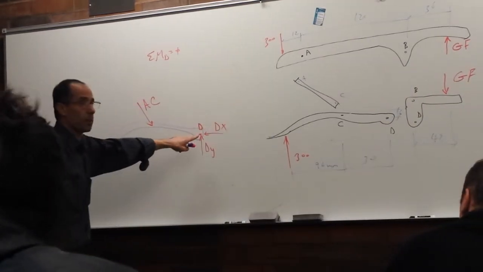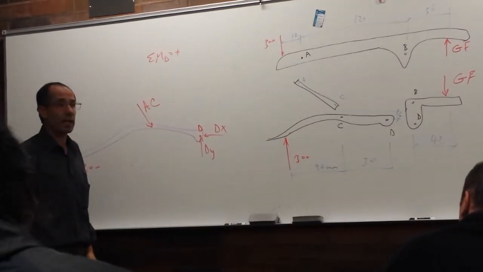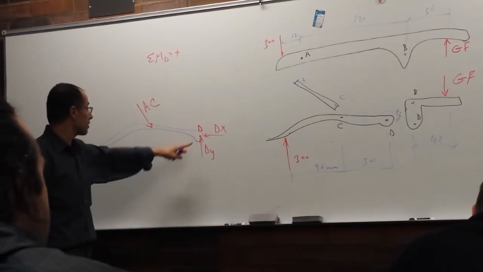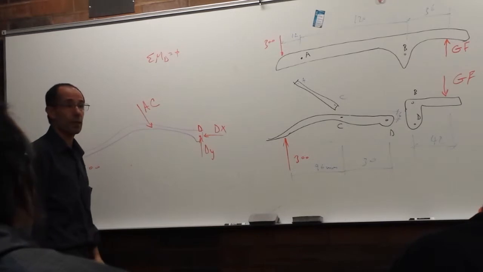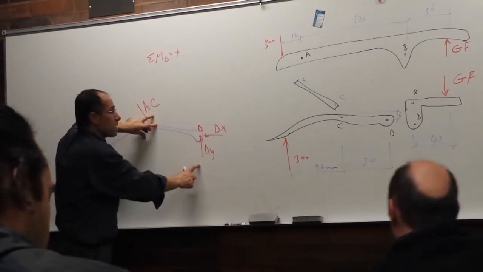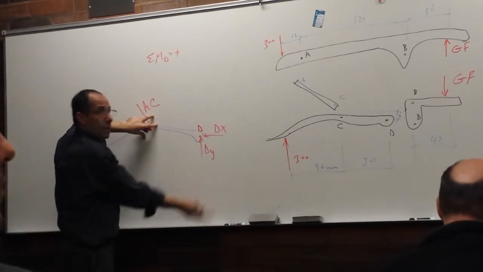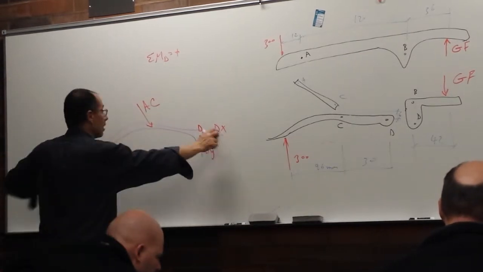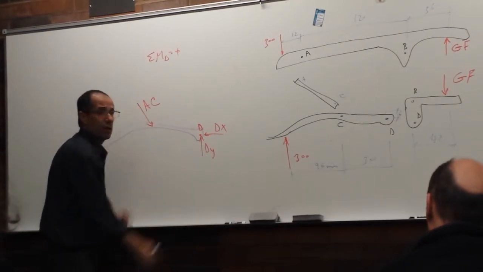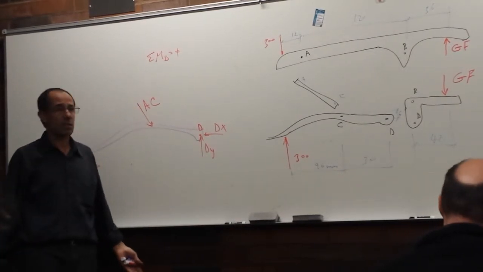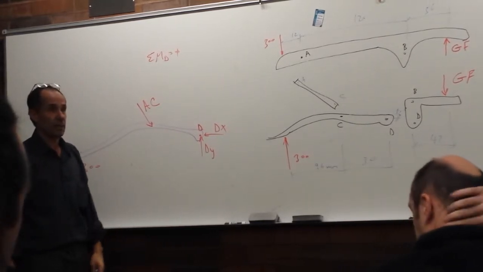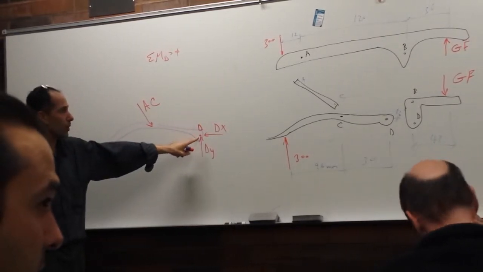If I calculate the moment at D, I get this guy directly. It's easier. Then sum of force in x, sum of force in y to get them. If I start sum of moment here, I have two equations, two unknowns. Then sum of the x's, I have these two. Then sum of y's, I have these two. So I need to write the three equations. It's easier to do it in here.